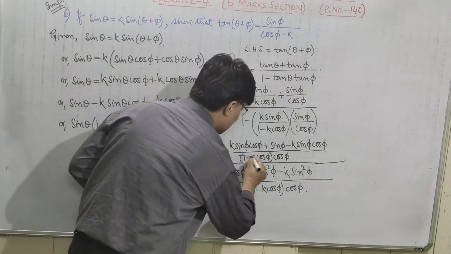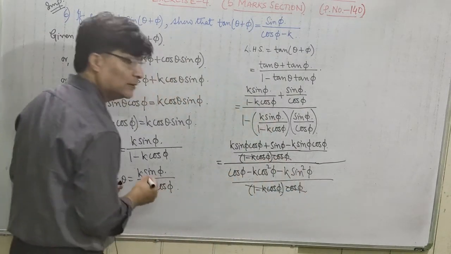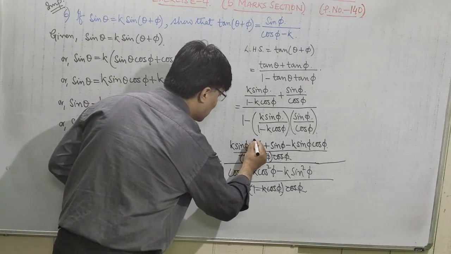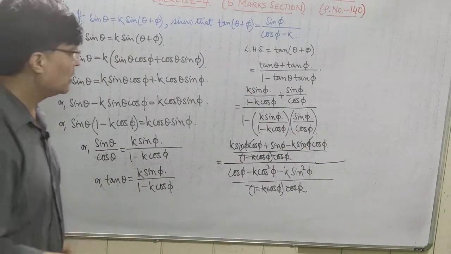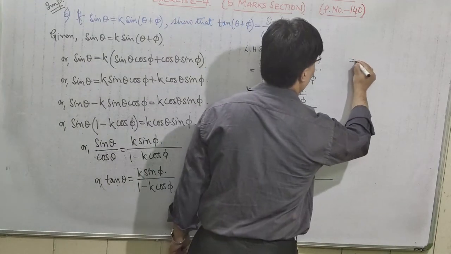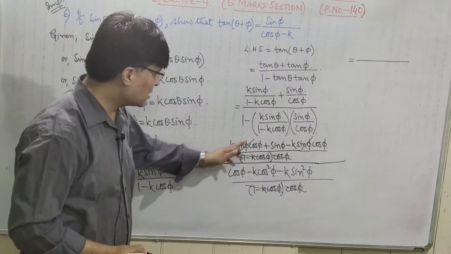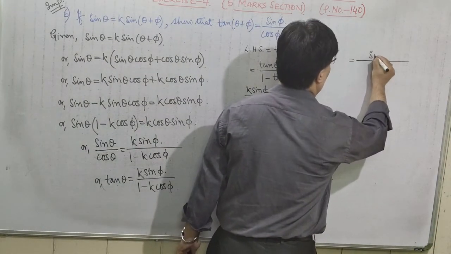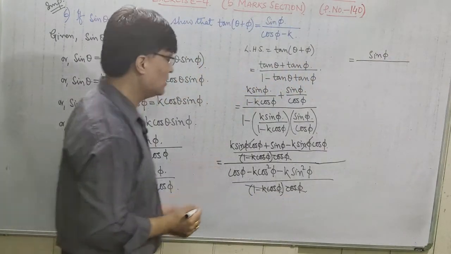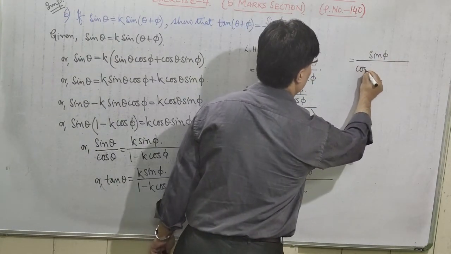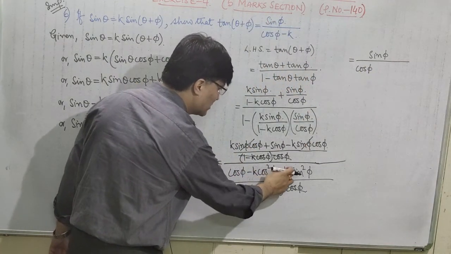Now you can cancel this LCM. This LCM will be cancelled. Okay. Now in the numerator you can cancel k sin phi cos phi minus k sin phi cos phi. So now in the numerator what is there? There is sin phi, divided by, in the denominator you write cos phi first, then minus k cos square phi minus k sin square phi.